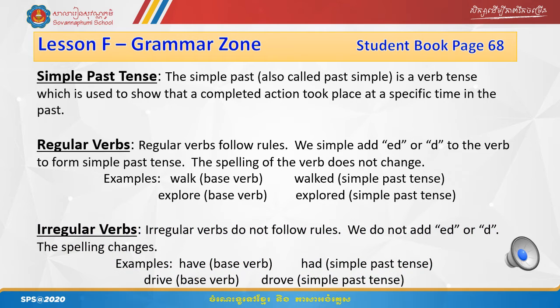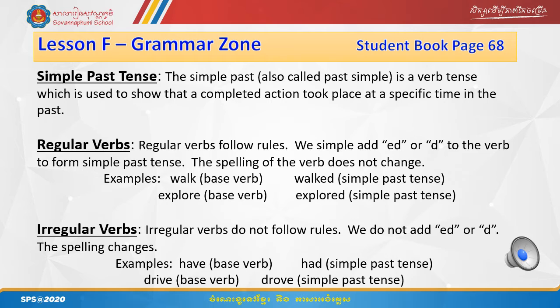Let's begin by having a few definitions that will help us through our lesson today. First, simple past tense. The simple past tense, also called past simple, is a verb tense that is used to show that a completed action took place at a specific time in the past.